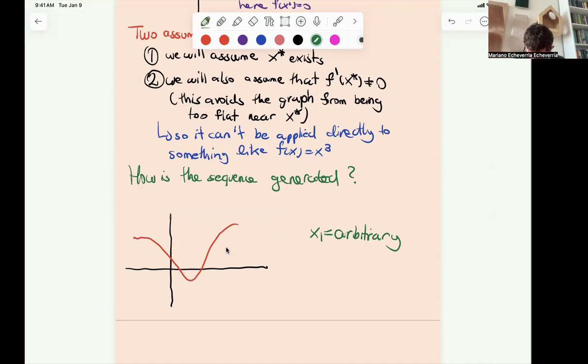I'll exaggerate it, but say this was x1, and this was x star. The idea is that with x1, you find the tangent line. The tangent line won't look quite tangent, but it's hard to draw it so that it doesn't look like it's literally on top of the zero. Not the tangent line to the fixed point, I meant the tangent line to the curve. Sorry about that.